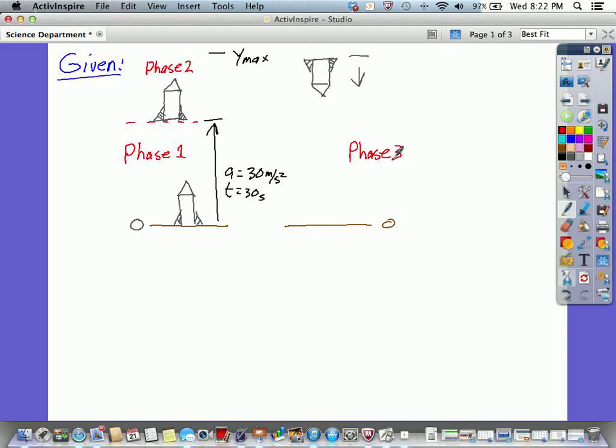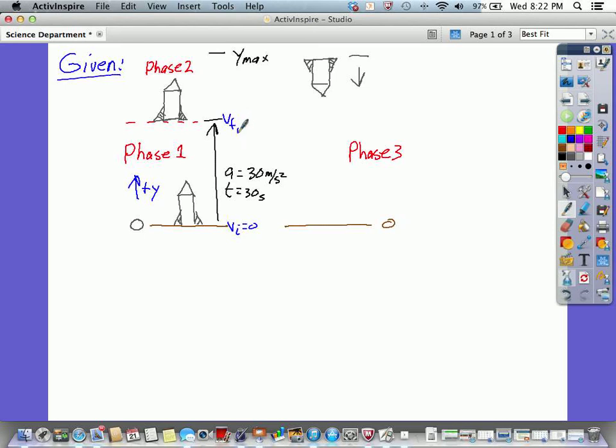Okay? So as we look at that, let's fill some other things in. We're going to set up positive as the y direction. We already determined where 0 was. We're going to call that the ground. We know our time is 30 seconds in the first phase. We know the acceleration. We know our initial velocity equals 0.